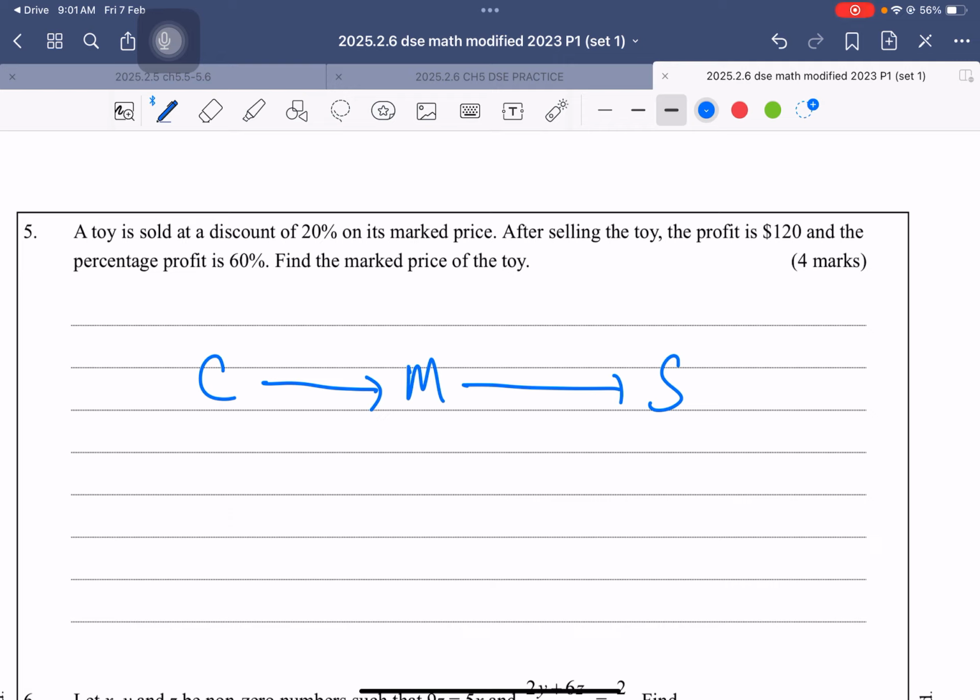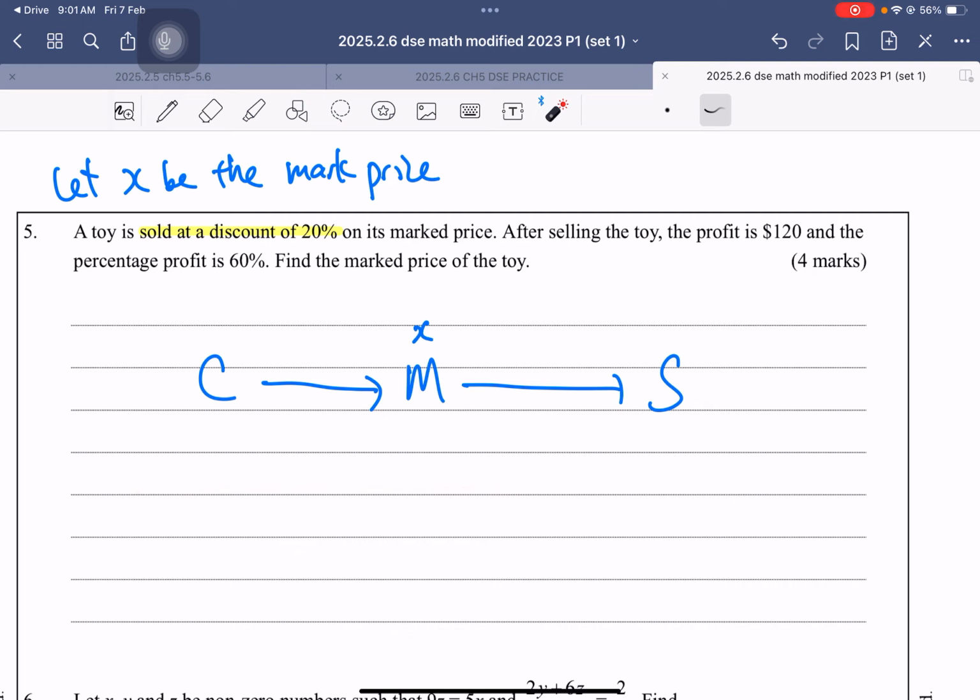CMS. What's the thing they want to calculate? The marked price. So the first step is to let X be the marked price. Okay, so I write a very good X here. And then now we see a toy is sold at a discount. So discount means which two things?